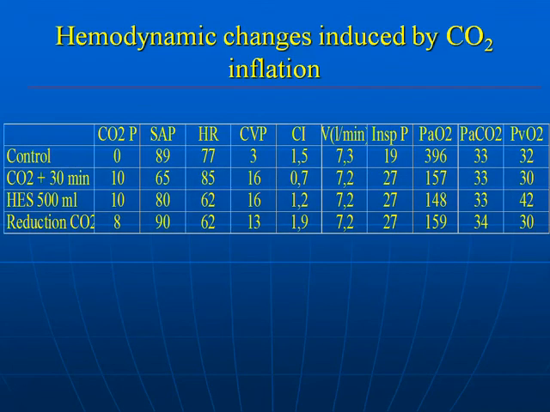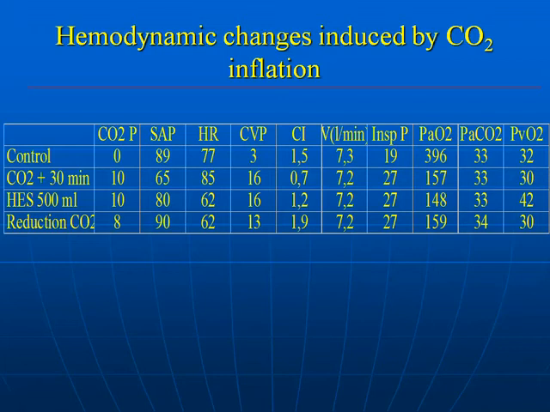Or if it doesn't work or you have a problem, then you have to reduce the CO2, meaning that you stop the CO2 and you let the CO2 outside of the patient, and you can see the CVP pressure goes down to 13, your pressure goes back up to 90, the CO2 pressure decreased to 8, and your cardiac index rises to almost 2 liters.